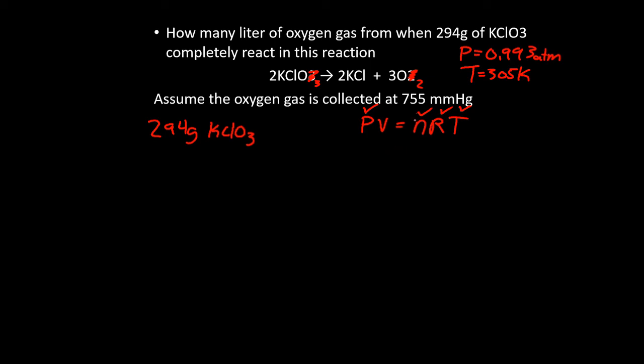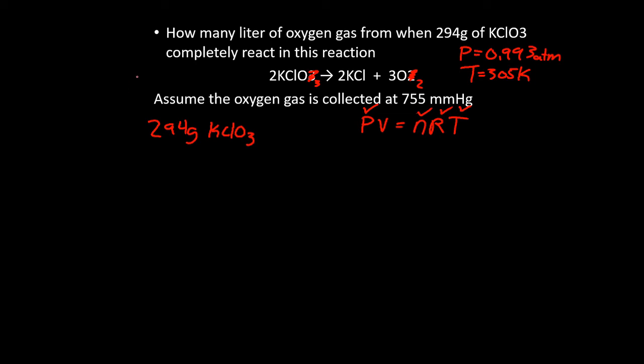So the only thing that I have left to find is the number of moles. And that is where the stoichiometry here is going to come into play. Because we are told we have 294 grams of potassium chlorate, and we're given the balanced chemical equation, so we can use stoichiometry, if you remember from a previous chapter, to work out, given this much potassium chlorate, how many moles of O2 will be formed.